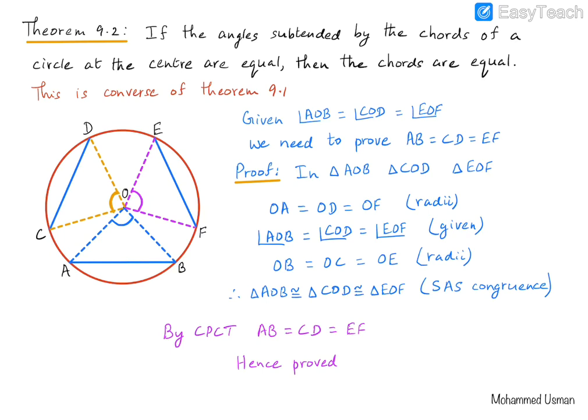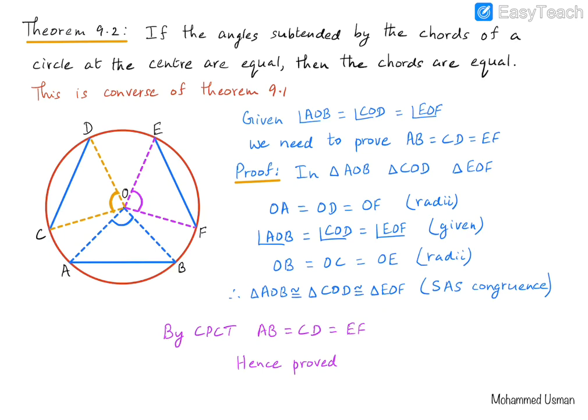Therefore, these three triangles, triangle AOB, triangle COD, and triangle EOF, are all congruent to each other by the side angle side congruence rule. Based on that, we have these three triangles to be congruent to each other.